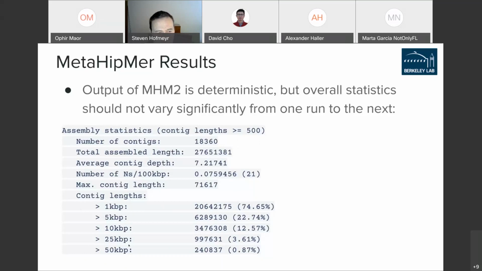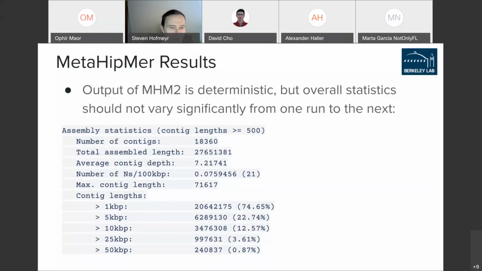The contig lengths that are found, the average contig depth, the maximum assembly length, these kinds of things should not vary dramatically. So when you're doing repeated runs and tuning the system, look at the web page to get the tool, and periodically run it to see that the results are the same, but you can just eyeball these assembly statistics to make sure you haven't changed anything.